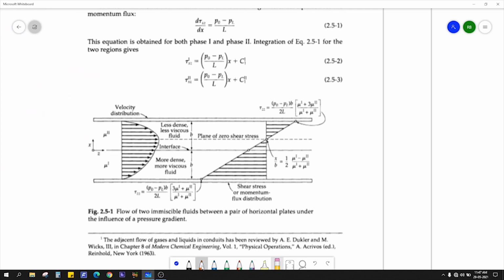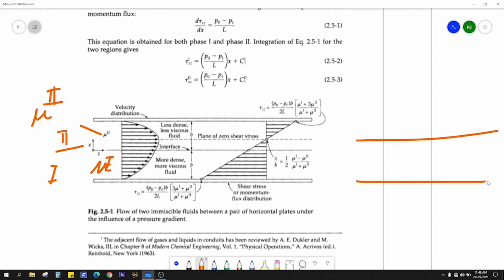Now we have two fluids, one of viscosity mu superscript 1 and another of viscosity mu superscript 2. This is fluid 1, this is fluid 2. These fluids are passing through the slit in parallel.